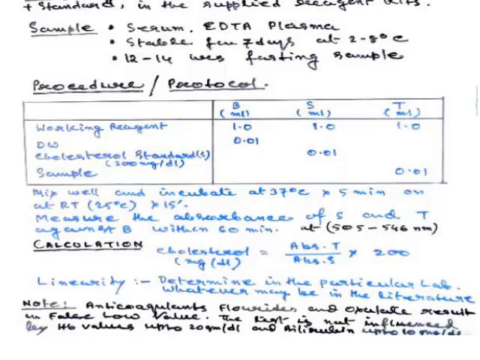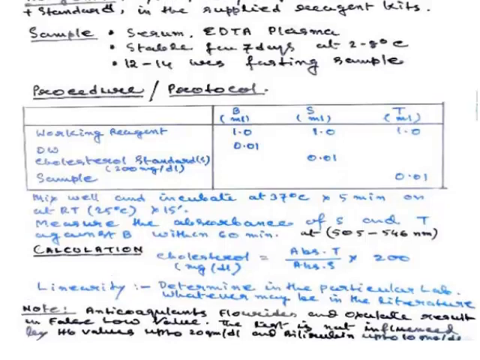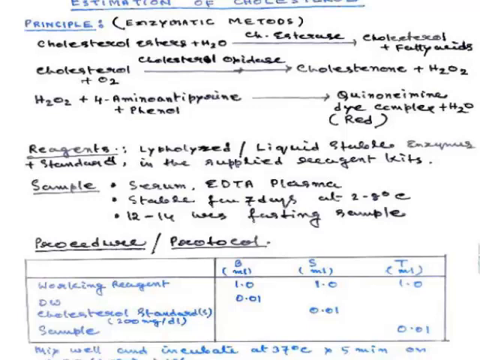Mainly it is done by a procedure using cholesterol esterase and cholesterol oxidase enzymes, and this way it gives a chromogen which is measured at a particular wavelength in a colorimeter or spectrophotometer, always using a standard of cholesterol.